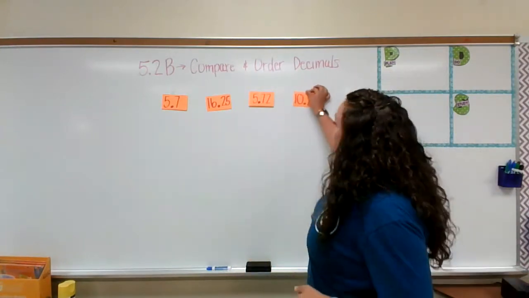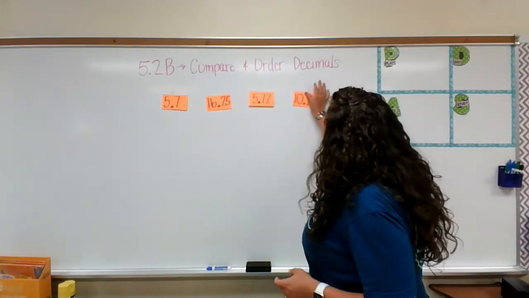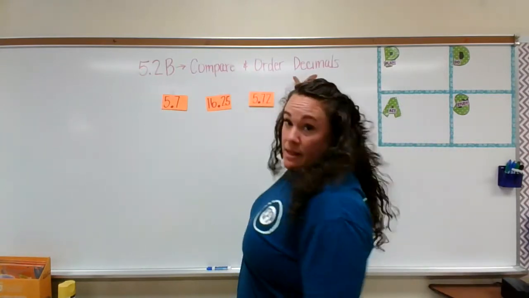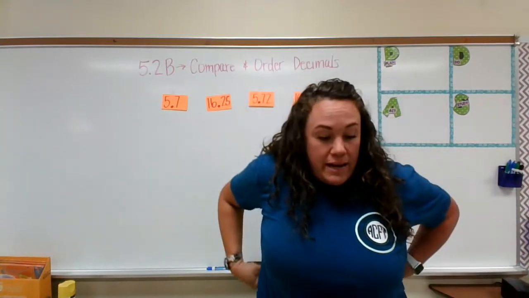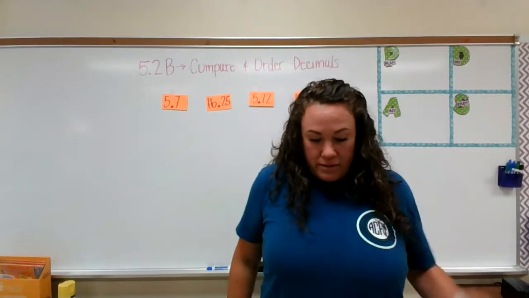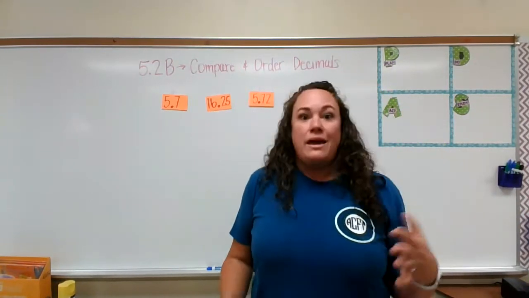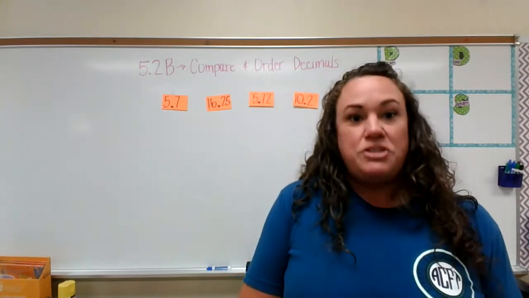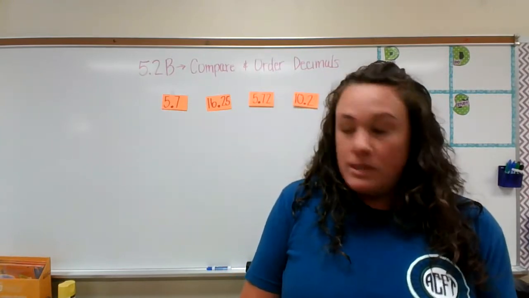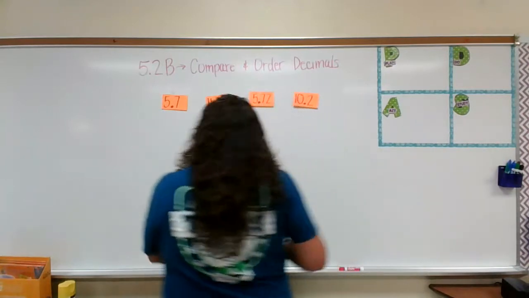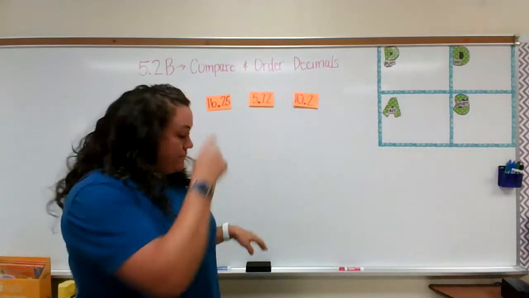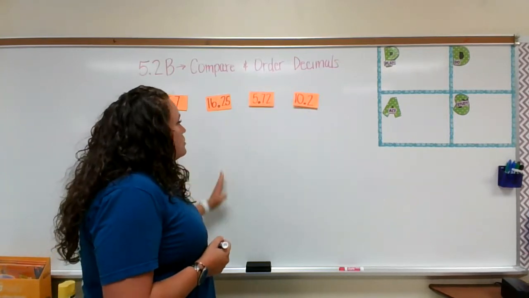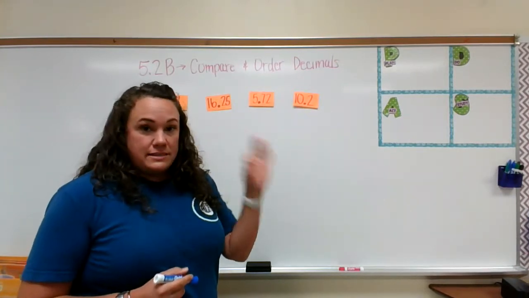Now we are going to compare and order the decimals. Whenever you're comparing decimals and want to put them in order, the first thing you need to do is line them up. I'm going to rewrite everything and line them up according to where the decimal falls.